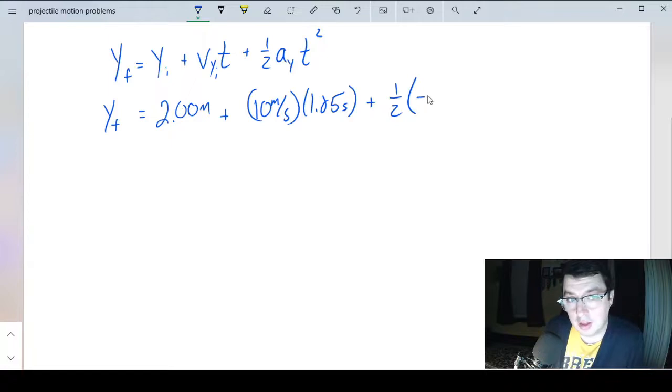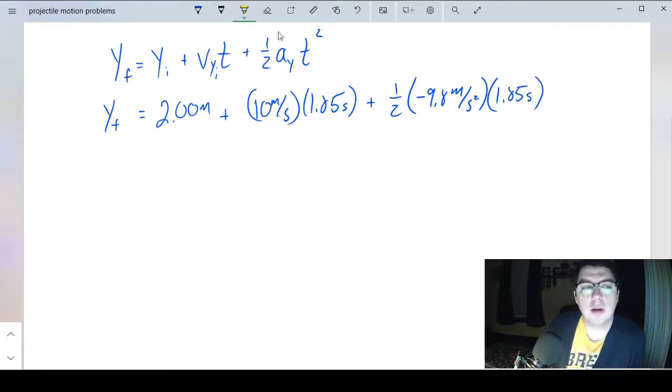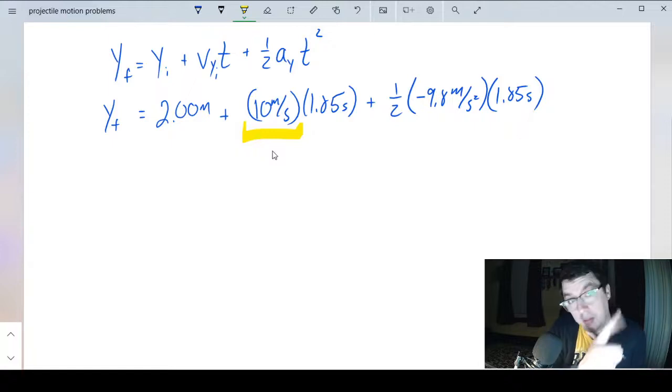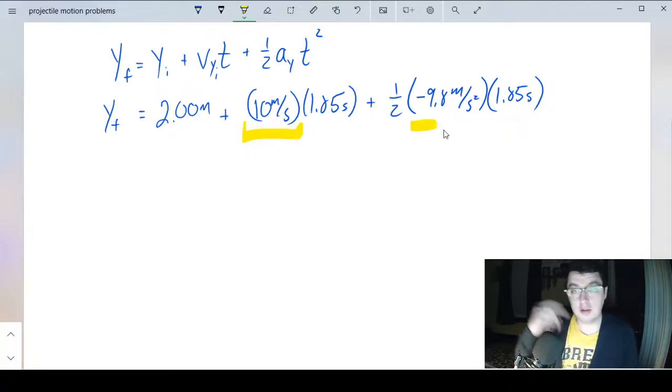Don't forget that we've got negative 9.8 meters per second squared. Just a quick word about signs, right? If this is positive because it was going up at an angle, this has to be negative. We have to be sure that our signs are always telling the same story.